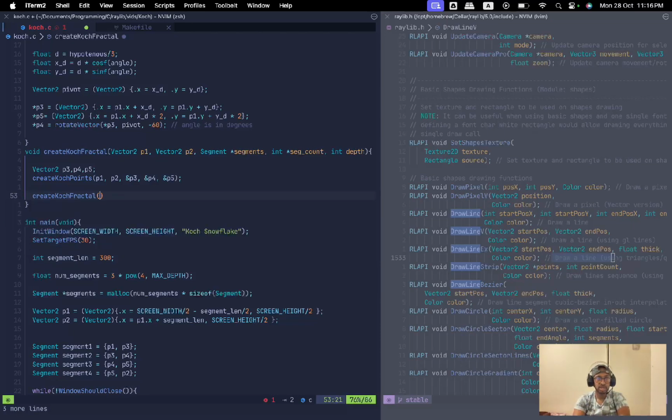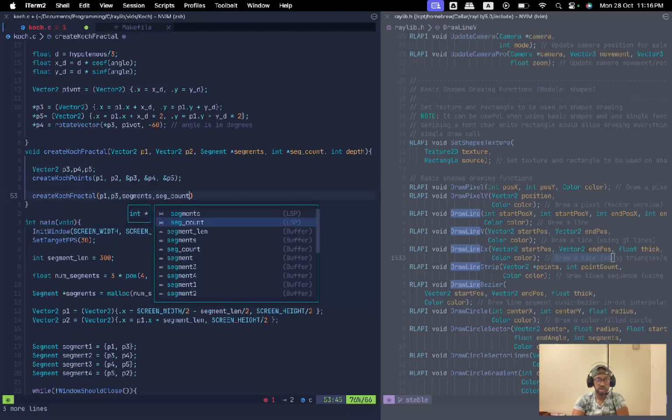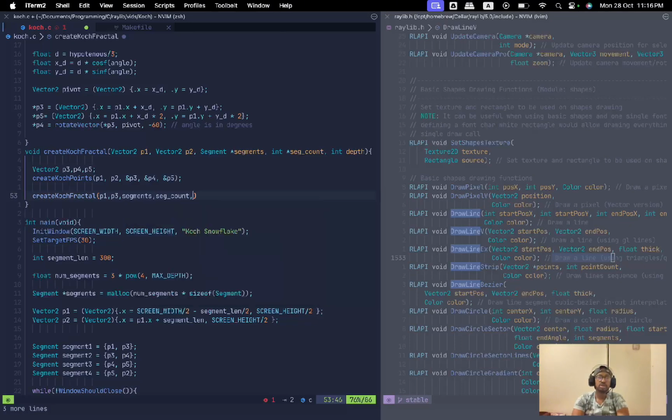So in my case, I'll be calling, for example, for segment P1 to P3, again I'll pass in segments. Then my segment count, so this I will not be updating it here, but now what happens is my depths will be incremented.